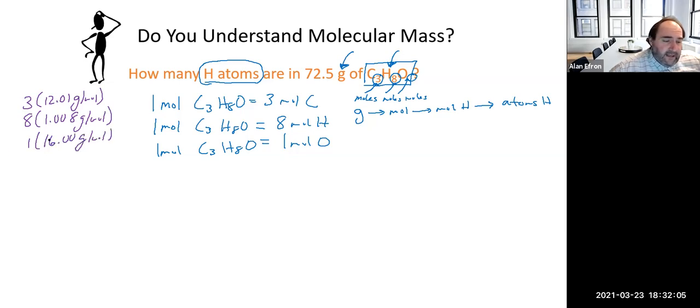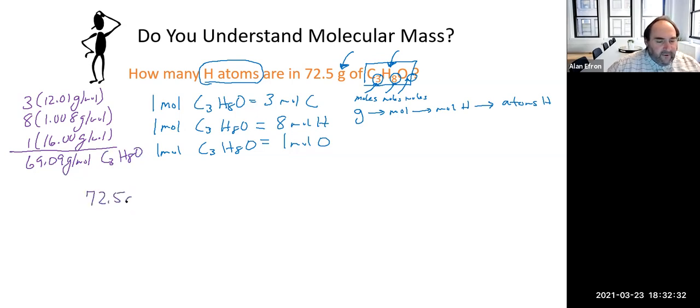So if we add all that up there, we will end up with 3 times 12.01 plus 8 times 1.008 plus 16 gets us 60.09 grams per mole. And that is the molar mass of the entire guy, the C3H8O. So we're going to use that at the beginning step here. We're going to go 72.5 grams of the entire thing.